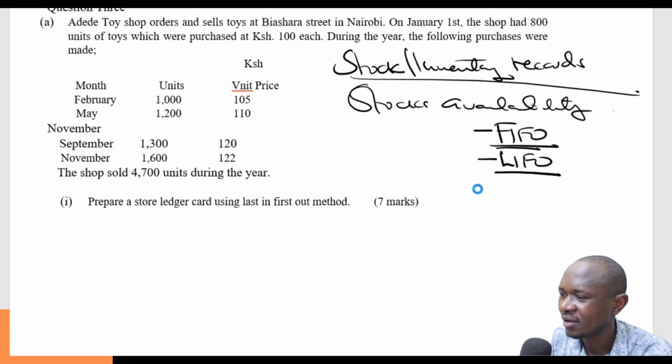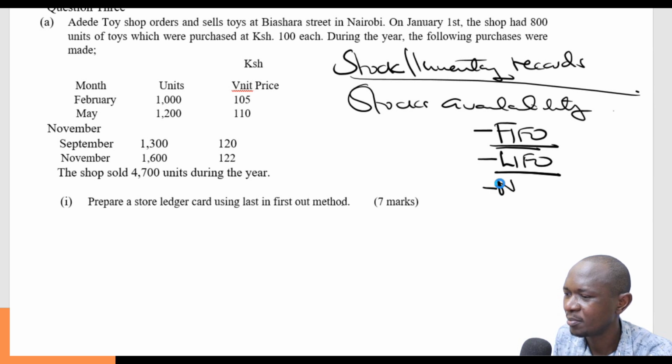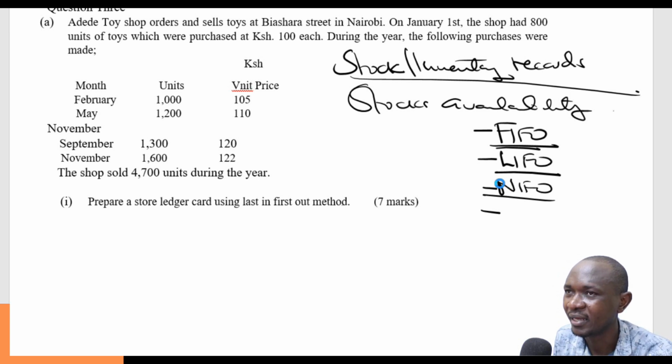And then we also have NIFO, and all these are methods that can be used to get the value of the stocks in the store. So we have NIFO. We also have the one that uses the standard price. We have weighted average method.